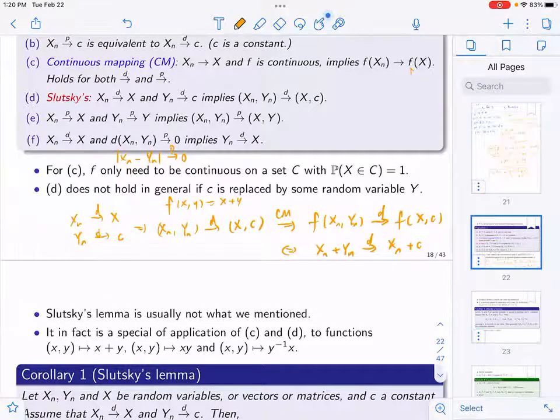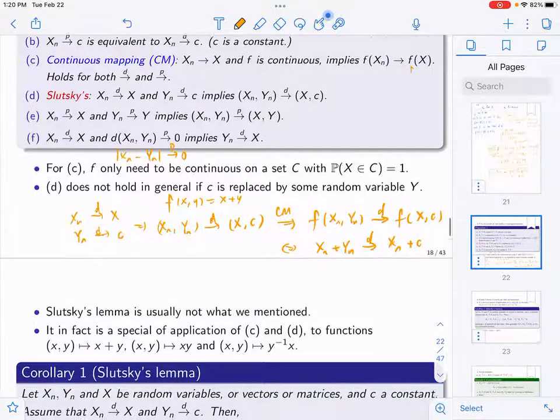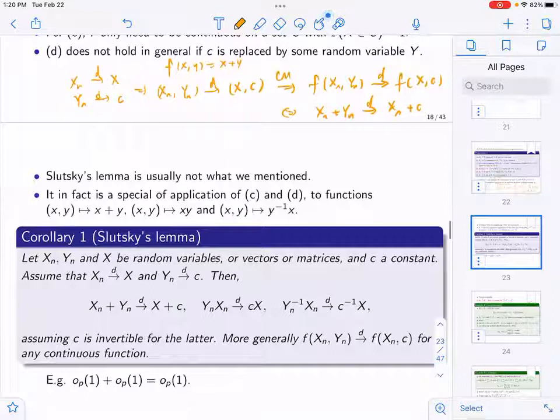You can apply any continuous function. For example, you can say Xn times Yn converges to C times X, or Yn inverse Xn converges to C inverse X.